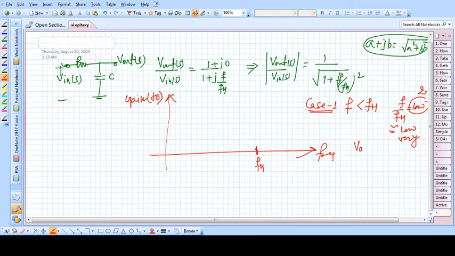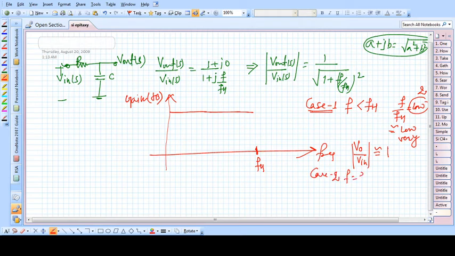So this V naught by V in magnitude will be nearly equal to 1, because this f by fh value will be low, so it keeps an almost constant value, that is our 1.